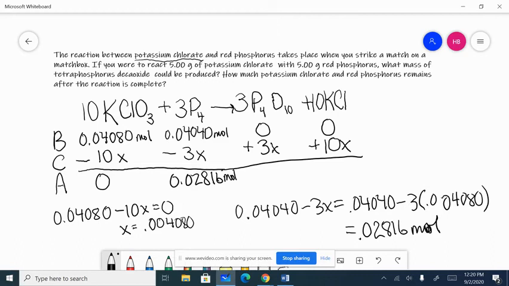So that's how much red phosphorus is going to be left over. Now, to figure out how much tetraphosphorus decaoxide we produce, we just take the value for x and multiply it by 3. So 3x equals 0.01224 moles. And the value for 10x is 0.04080.